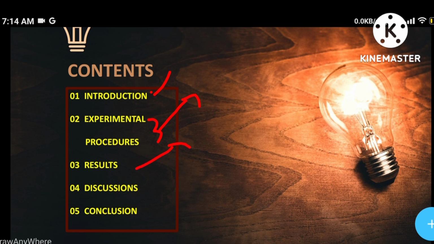Third, I will show the results of the experimental procedures, so you can get a clear idea of how and why.